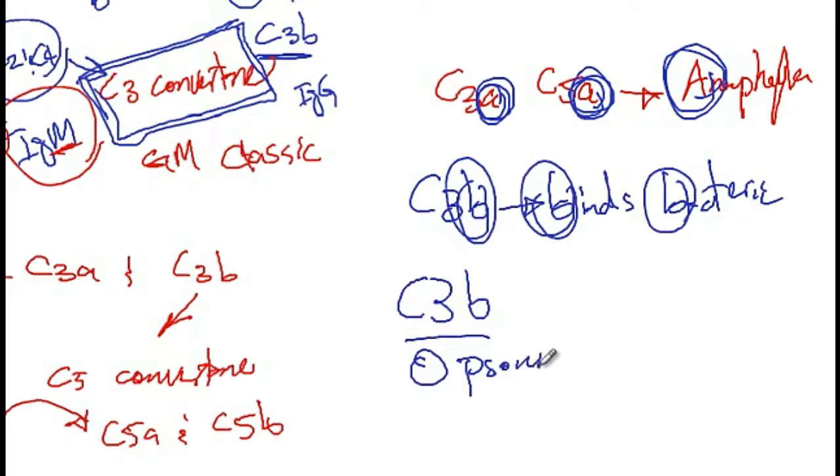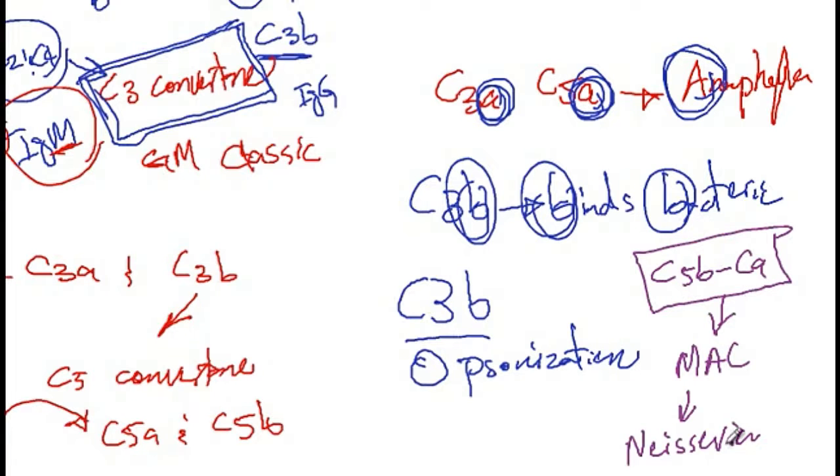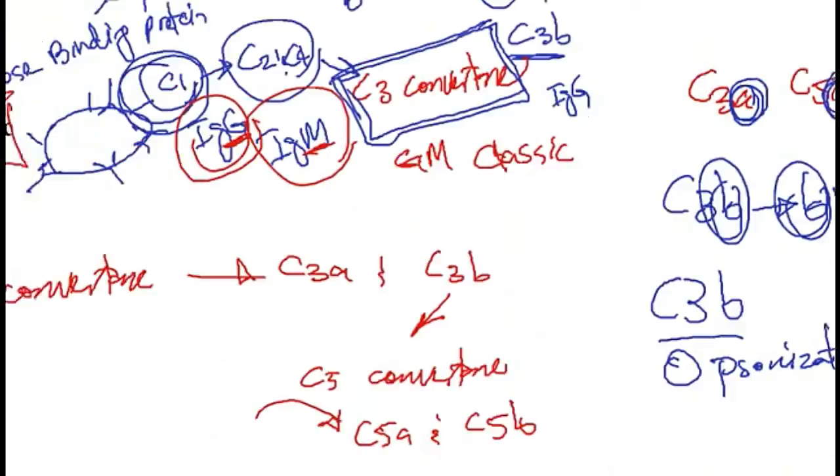C3b causes opsonization. And then finally, C5b through C9 will form the membrane attack complex, which will attack Neisseria gonorrhea and Neisseria meningitidis. So just keep that in mind. If this complex is missing, then patients will be vulnerable to Neisseria infections.